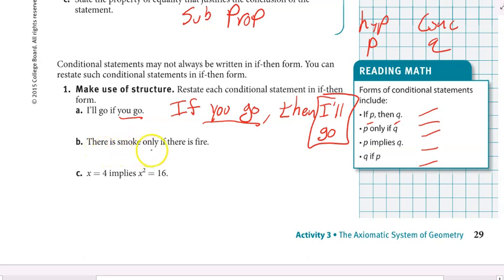Here, there is smoke only if there is fire. I notice that's exactly like this example over here. So if there is smoke, then there is fire.